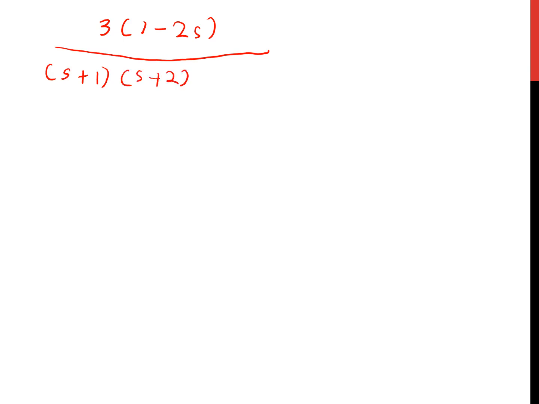Okay, let's take a look at an example. Let's say you have a higher order response: 3 times 1 minus 2s, divided by s plus 1, s plus 2, and then s plus 3.